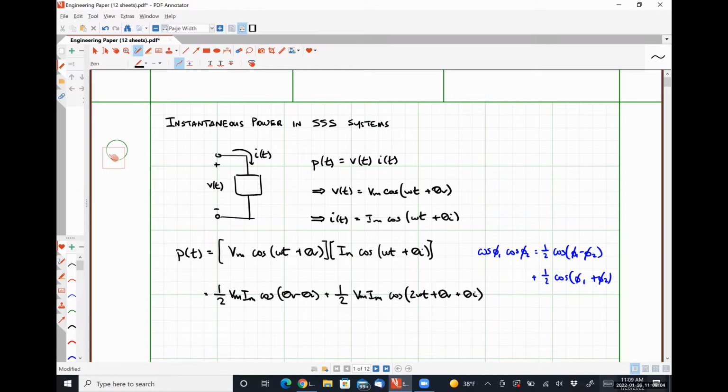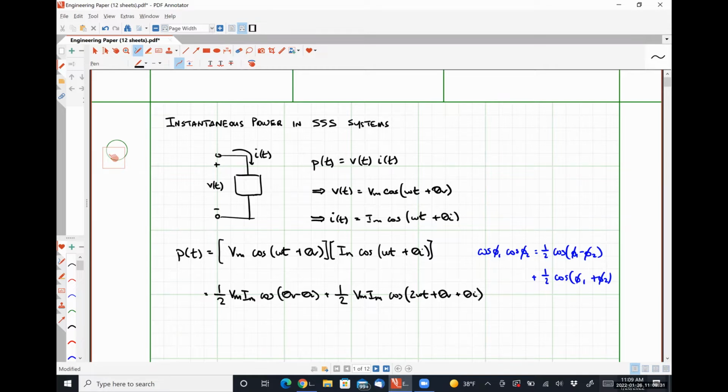Im and theta I are the magnitude and phase angle of the phasor current flowing through our network. So we can do all of our analysis in the frequency domain and then take the results of that frequency domain analysis, plug it into our time domain function, and get an understanding of how the power absorbed by this device varies as a function of time.